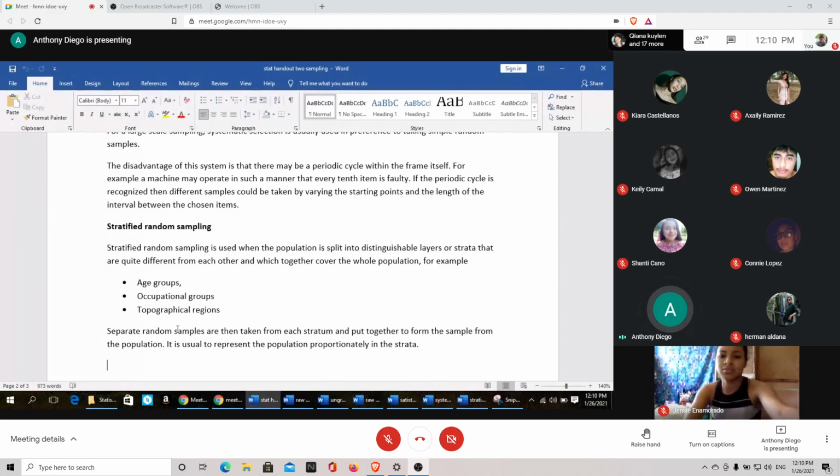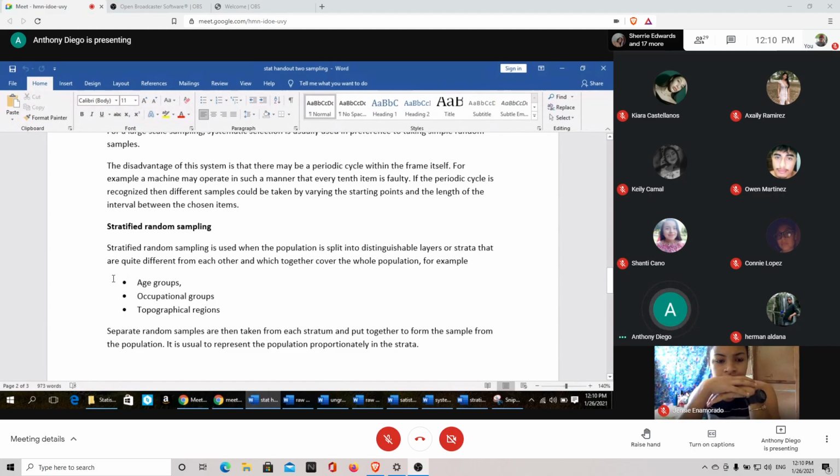So this is where stratified random sampling comes in. We select from distinguishable layers to ensure that everybody has a fair chance from each section to be selected. Now here we have some examples. You have age group.